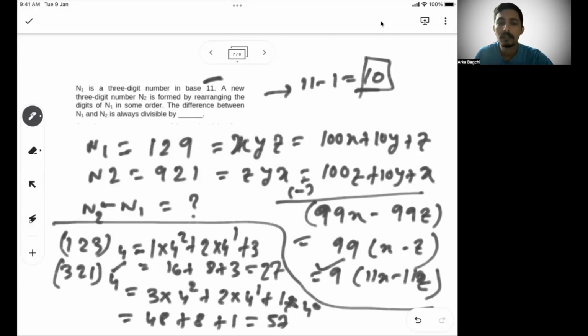Okay, so I hope it's clear. You can take any number, let's say 1 to 7 in base 11, and by flipping it you get 7 to 1 in base 11. Convert both to base 10 and subtract, and you will see the number is divisible by 10. Okay, so I hope things are clear.